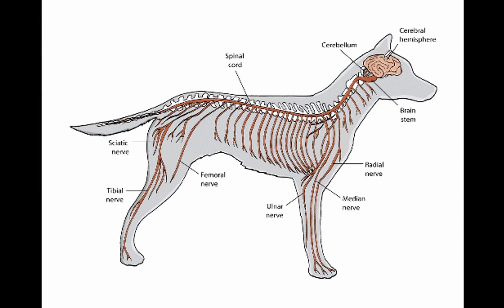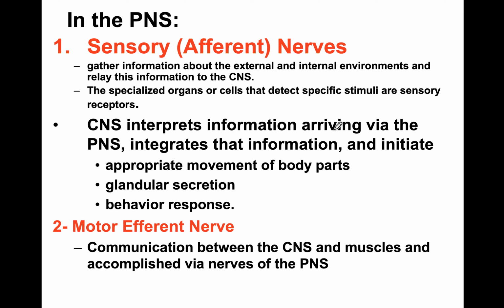So again, this is the area of the brain, which includes the cerebellum and the brainstem, and then we have the spinal cord. All of these structures are the central nervous system, whereas the nerves that emerge from the spinal cord and from the base of the brain are the peripheral nervous system. As I said, we have two types. We have the cranial nerves, and also we have the spinal nerves.